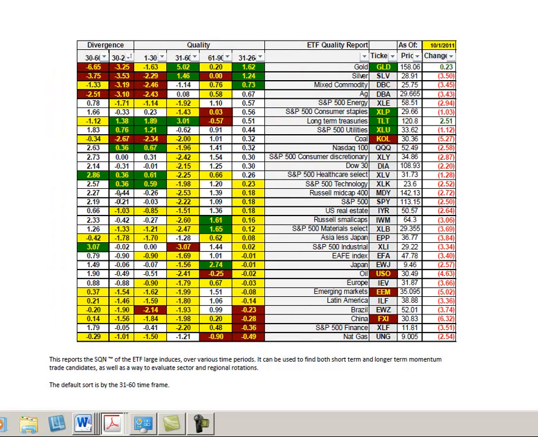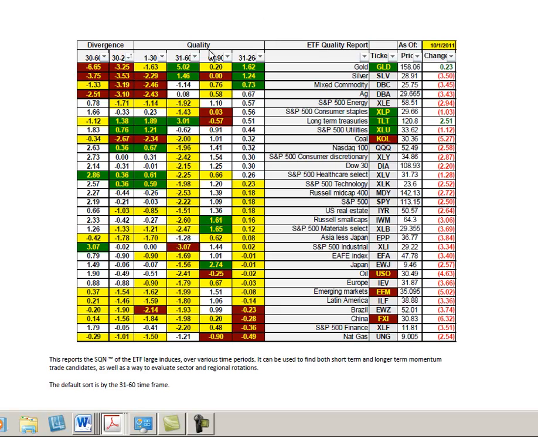Among the ETFs, the standouts are Healthcare Select, XLV, and Industrials, which have actually found some support. Must be at the bottom of their business cycle because they're at least back to 0 after a really horrible 2-month ago period where their system quality number was minus 3.07.